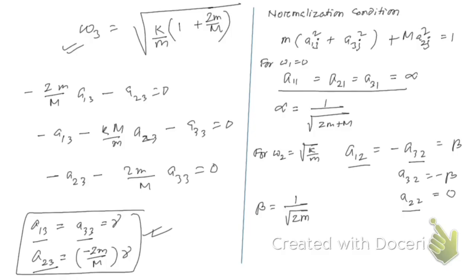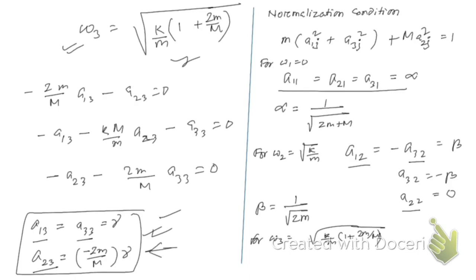So for omega 3, which is equal to this one, root over k by m into 1 plus 2 small m by capital M, and we have got these values.